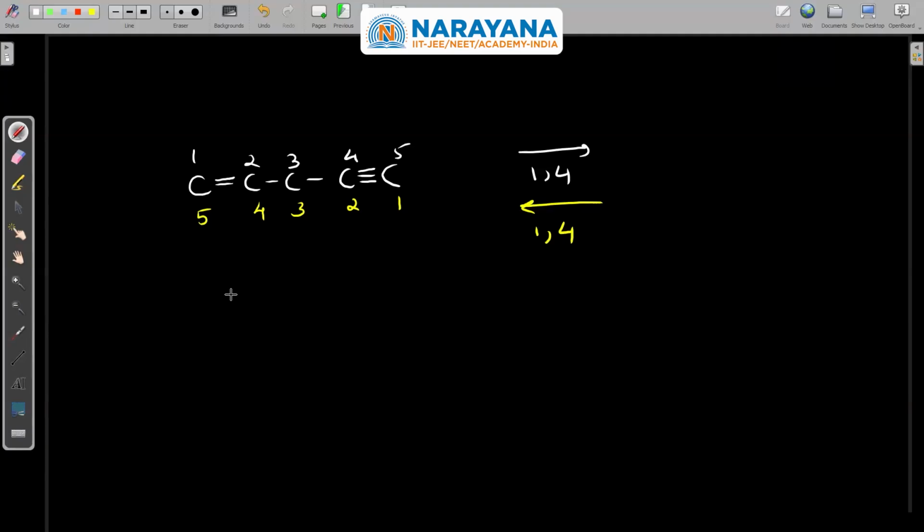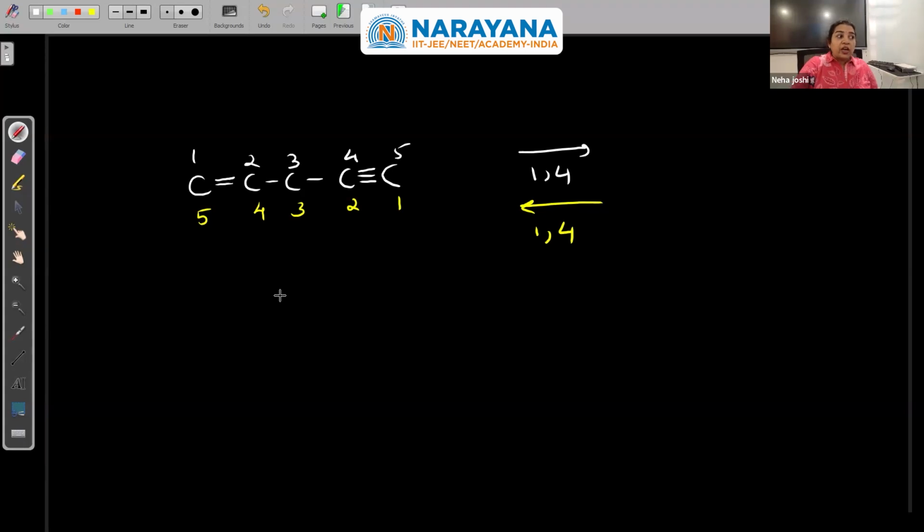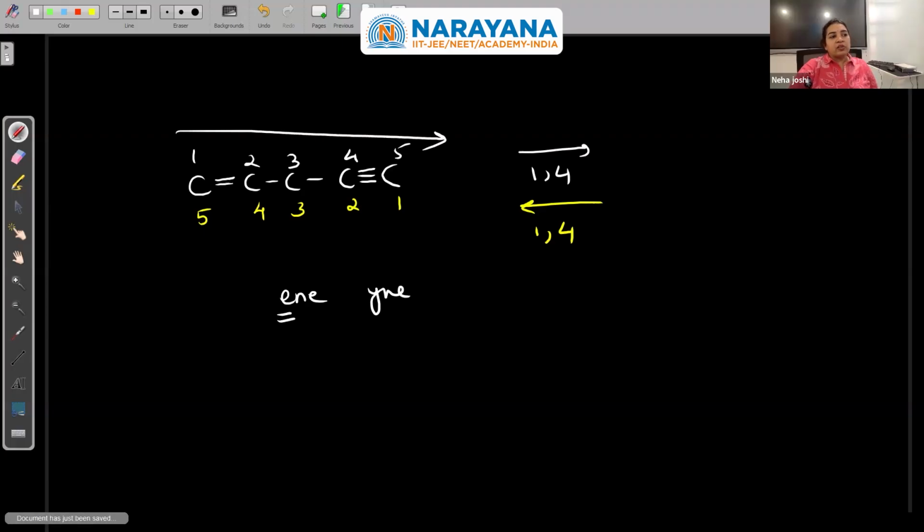Right? So when the set is same, we follow that the one appearing first in alphabetical order should be given the lower number. So in yne versus ene, first appearance is of yne, so I will use this order and will reject this.